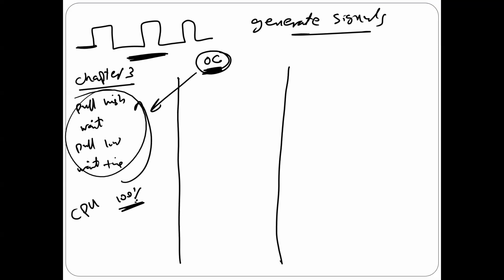So here, to generate a signal like this one, guys, we're gonna have one interrupt here. In this interrupt, I'm gonna set the time for the next one. So I'm gonna say to the pin, please toggle after this time. So we're gonna have another interrupt here, another interrupt here, another interrupt here. This is all what I need from the CPU.